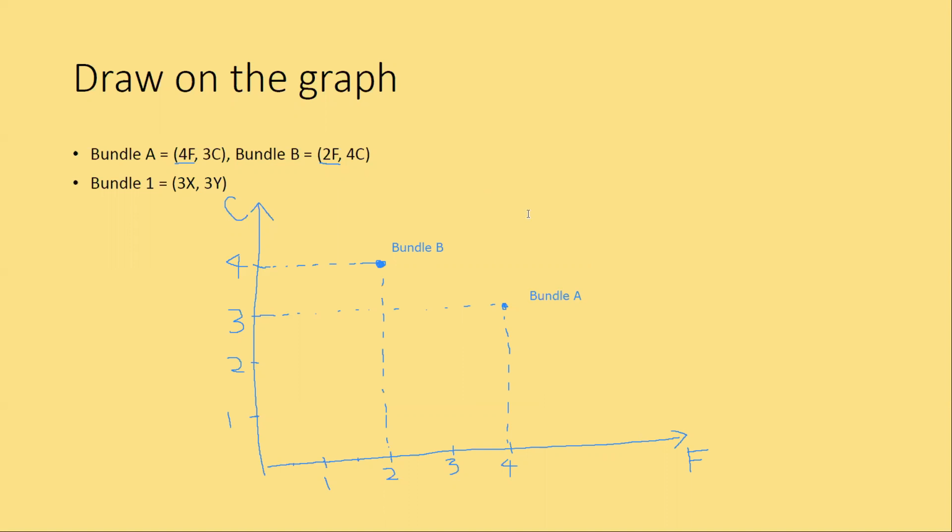Now, we cannot draw bundle 1 on this graph because bundle 1 is regarding two other different goods, X and Y. So goods X and Y are not necessarily food and clothing. So even though we have 3 and 3, which is tempting to put bundle 1 over here, this is not bundle 1.